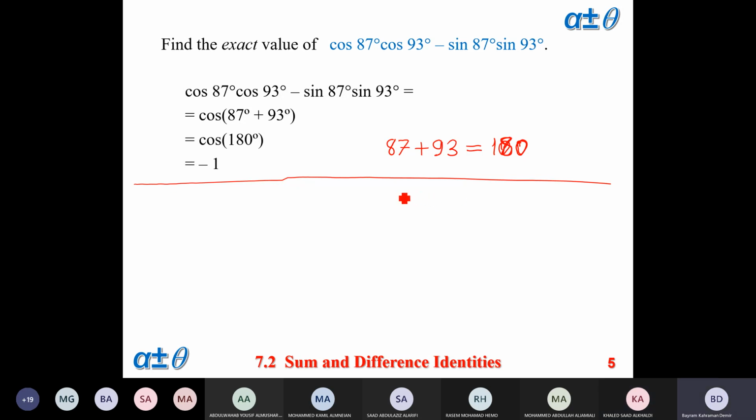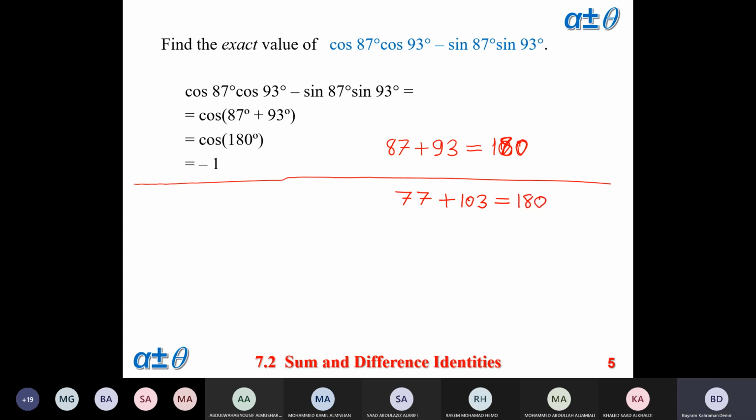For example, 77, right? Plus what? 77 plus 103, right? Oh, yes. 77 plus 103 is equal to 180 again.